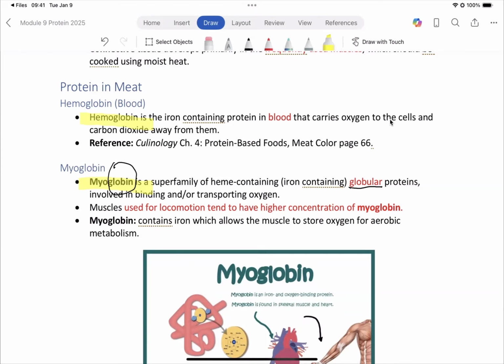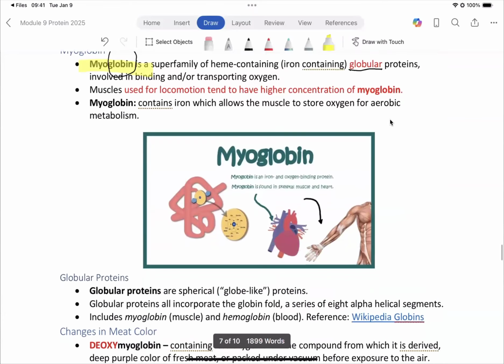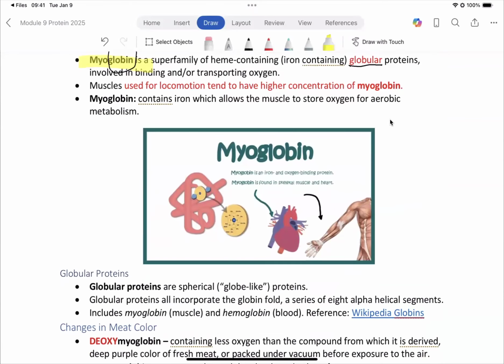But we're concerned about myoglobin because, unless you're making blood sausage, we don't have to worry too much about that. So myoglobin is a globular protein with a little bit of iron right in the center. And when I talked before about shape, this is a really good example of what that shape is. It's all wrapped around and protecting that little bit of iron on the inside.